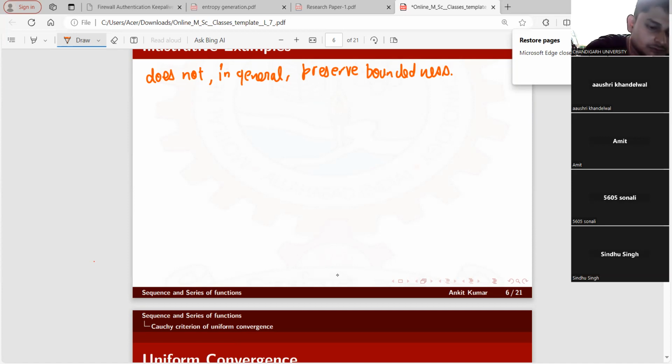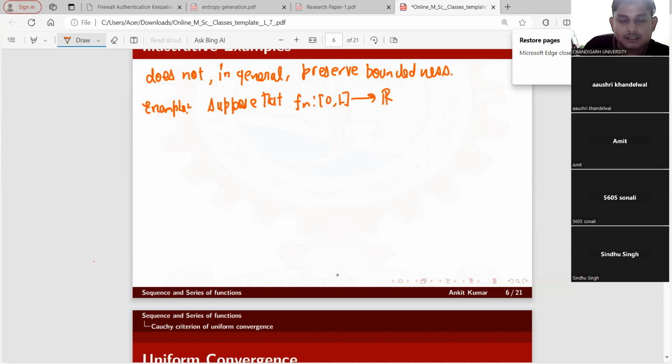Now we see the next very important example. Suppose that fn from [0, 1] to R is defined by fn(x) = x to the power n.